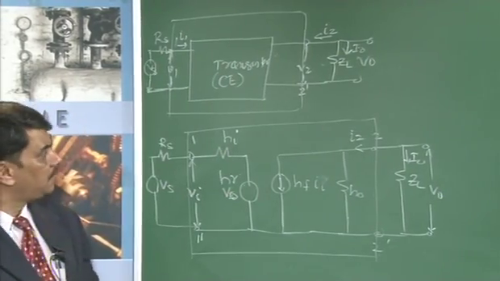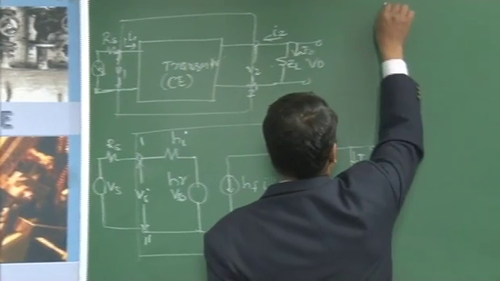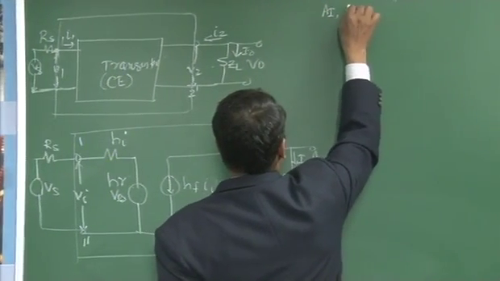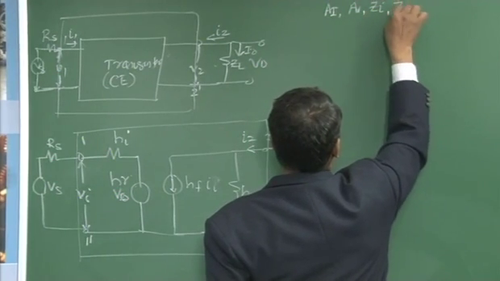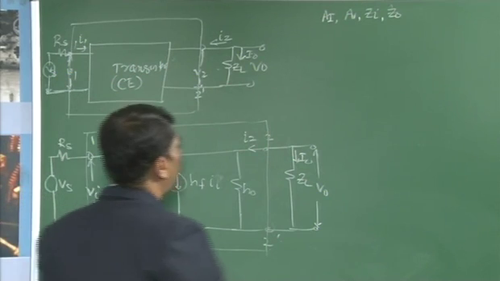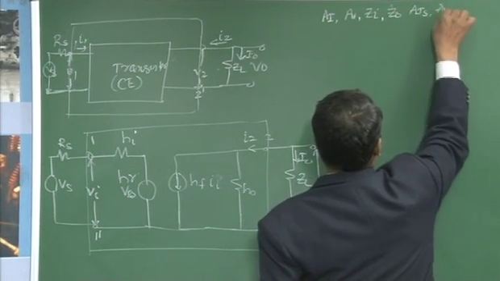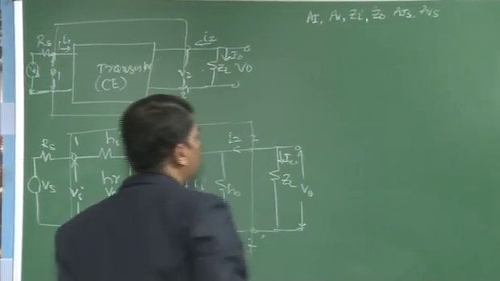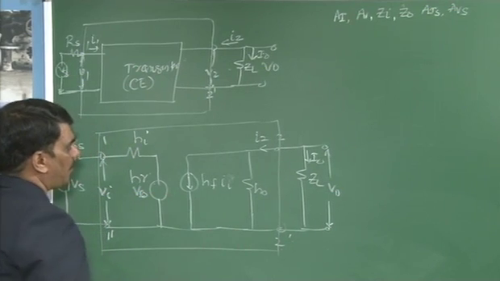The analysis of this transistor amplifier requires us to calculate the current gain AI, voltage gain AV, input impedance Zi, and output impedance Z0. Apart from that, we can also determine the current gain AIS and the voltage gain AVS. We will discuss and derive expressions for these parameters one by one.